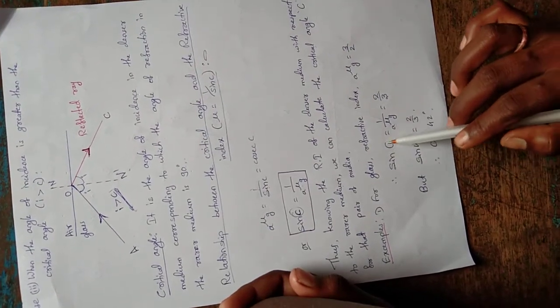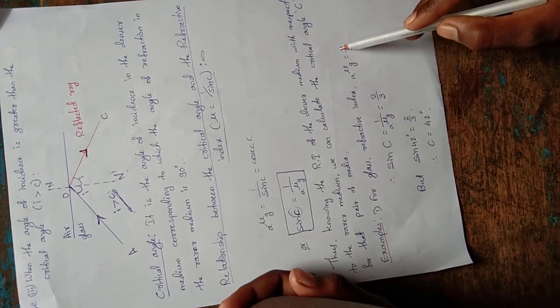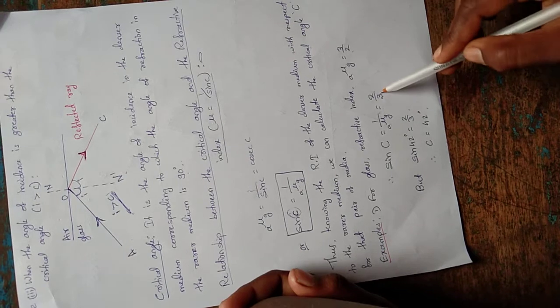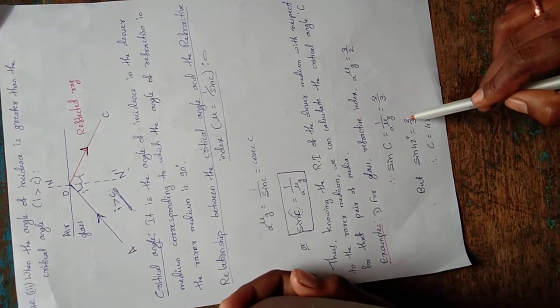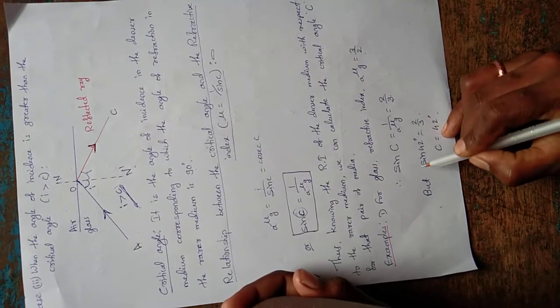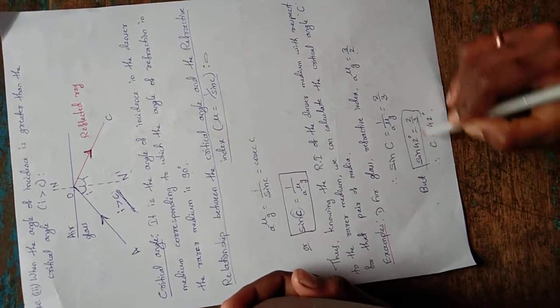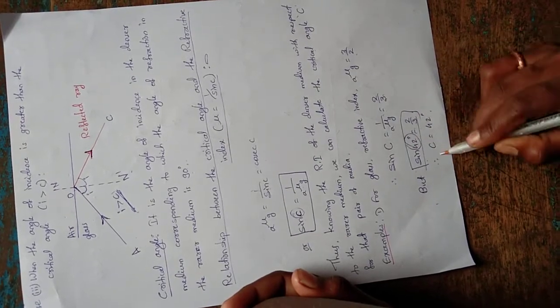So sin C is equal to 1 by mu Ag, the reverse of 3 by 2, which is 2 by 3. But sin 42 degrees is equal to 2 by 3. So C is equal to 42 degrees.